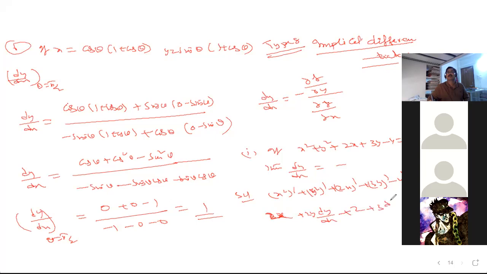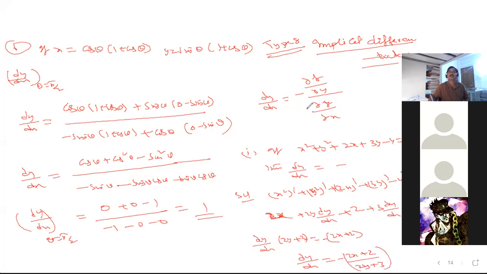Here it is 3 dy by dx, equal to 0. Finally, taking dy by dx common, we get dy by dx times 2y plus 3, equal to minus 2x plus 2. So finally dy by dx is equal to minus 2x plus 2 divided by 2y plus 3. Like this we got it.